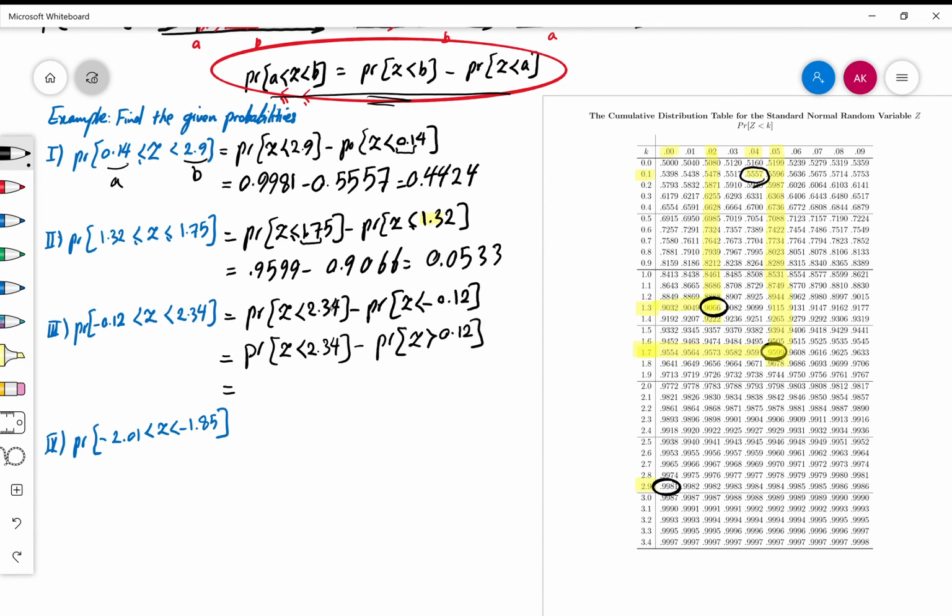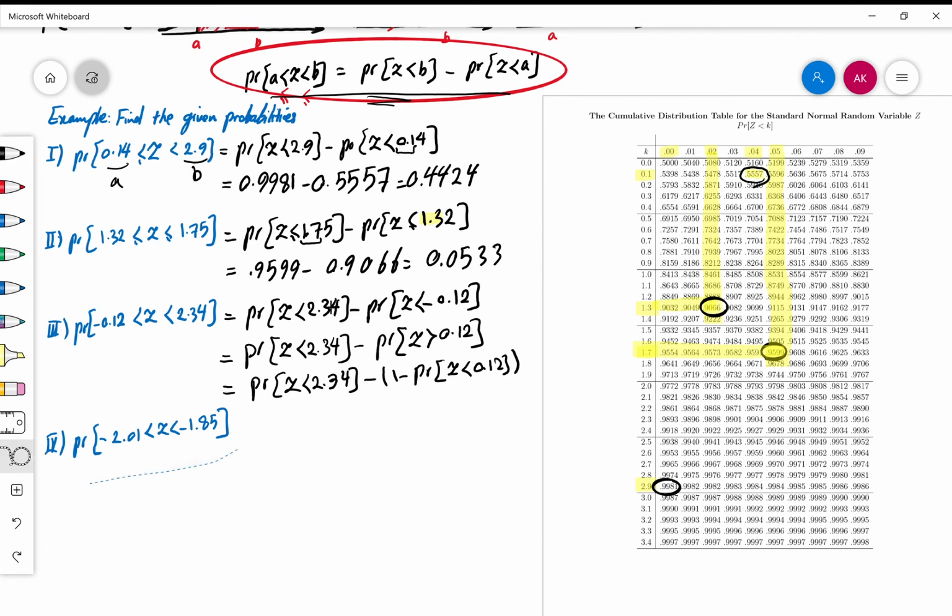And then this is Z bigger than something. Z bigger than something we can deal with by doing 1 minus that thing, Z less than 0.12.